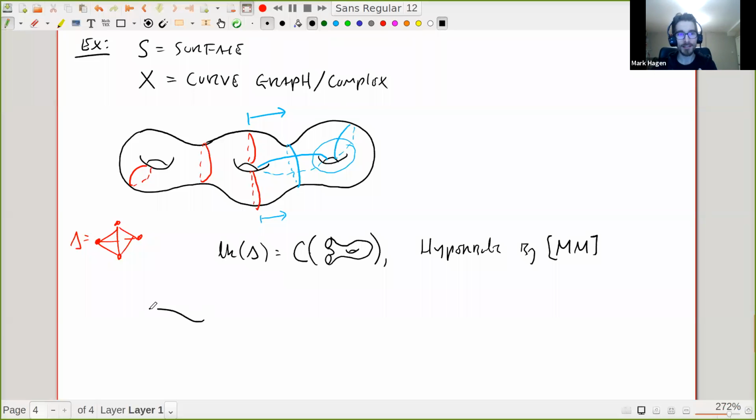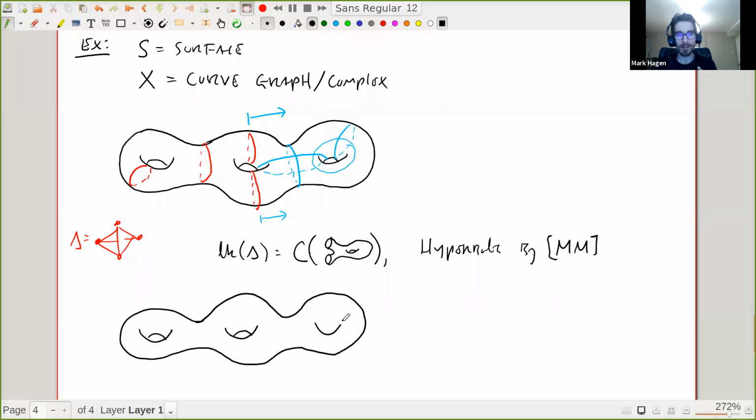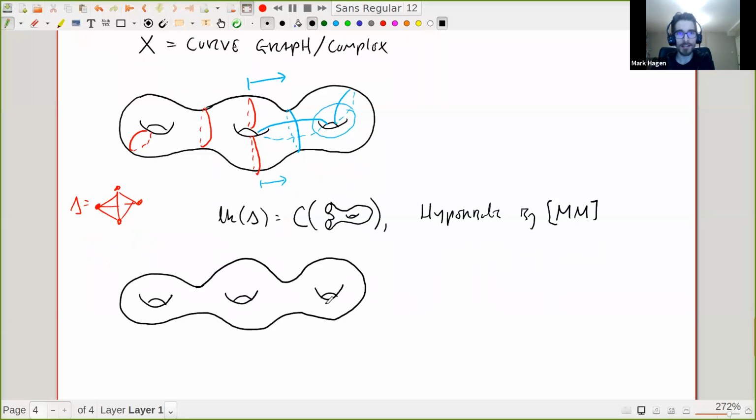The second thing that can happen, though, is that not every link is a curve graph of a subsurface. So if I make a slightly different simplex, this simplex, a triangle, everything in there is disjoint from this curve, which I'll call gamma.